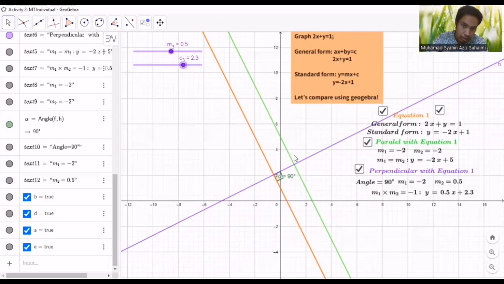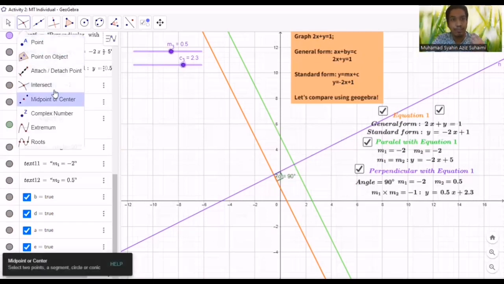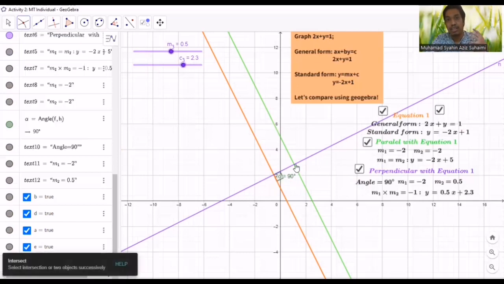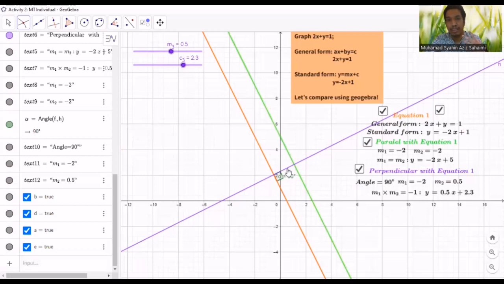And from this also, if you see the equation lines, we have the intersection between two linear equations in two variables. This is what you will learn: how to find the intersection between linear equations in two variables. For example, we take this one.